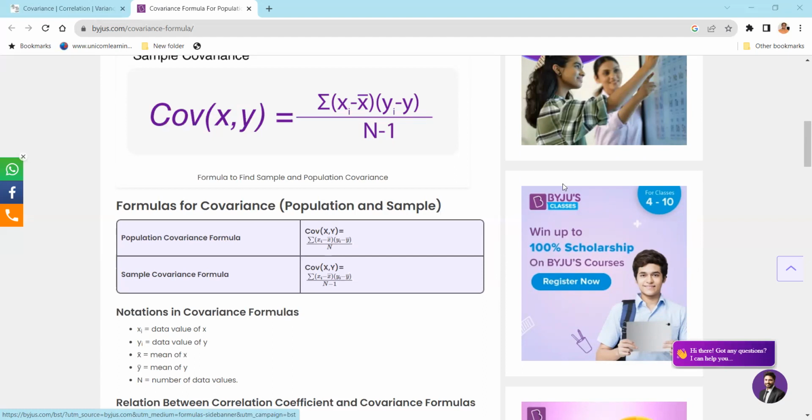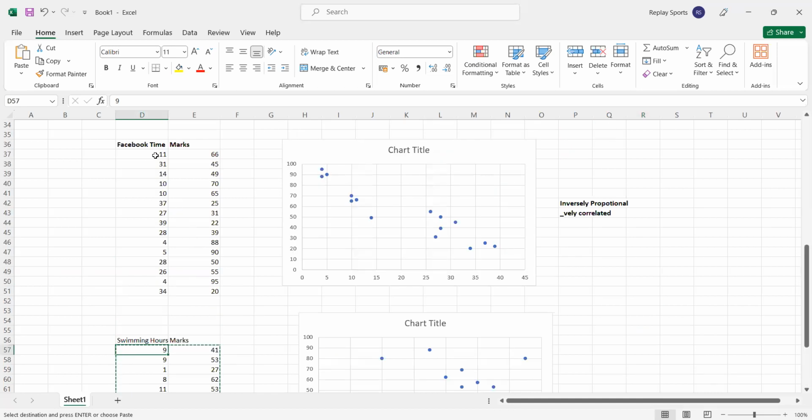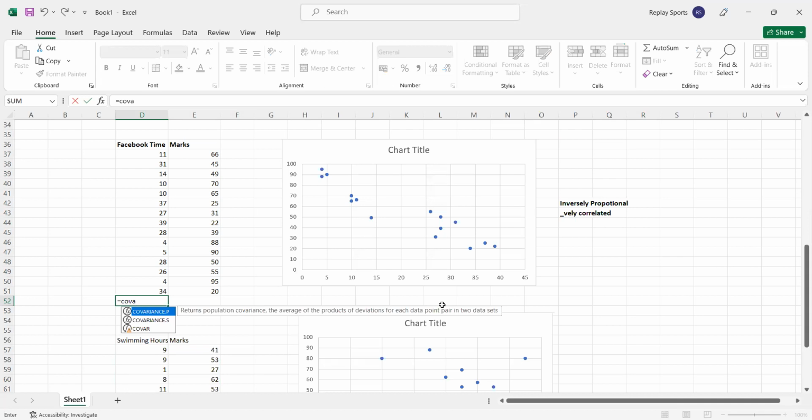So how do we do it? Let's go to Excel and calculate. We'll look at the correlation value here. There is a formula, covariance, sample and P. P is for population, S is for sample.